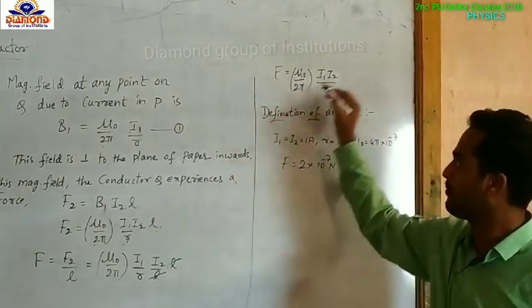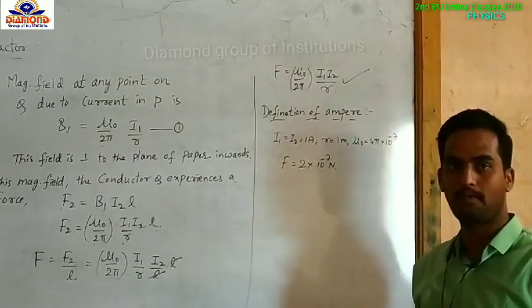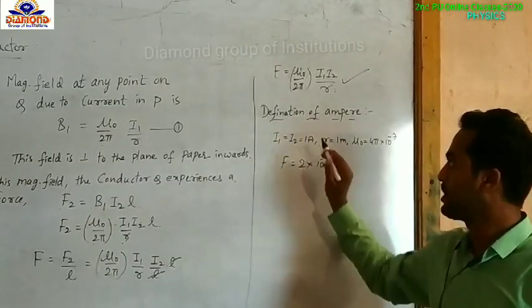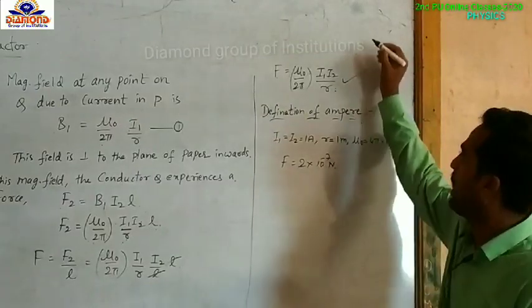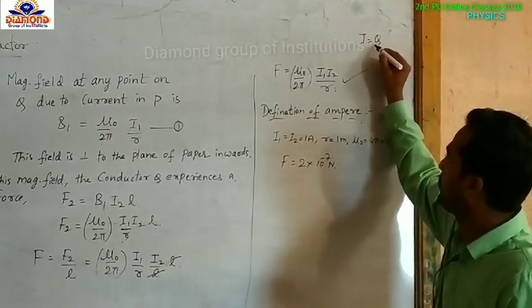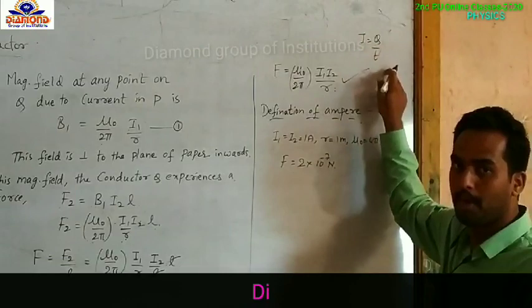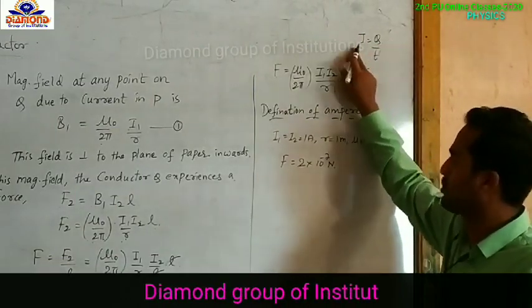Based on this formula, we are going to define the ampere. Generally, what is meant by ampere? I equal to Q by T: the rate of flow of charge is called current.